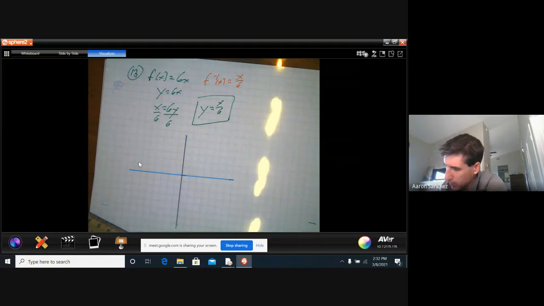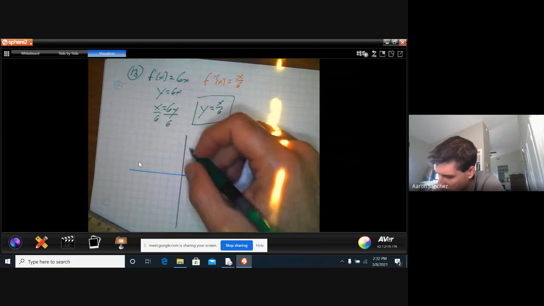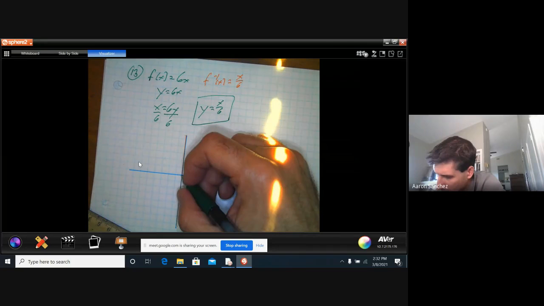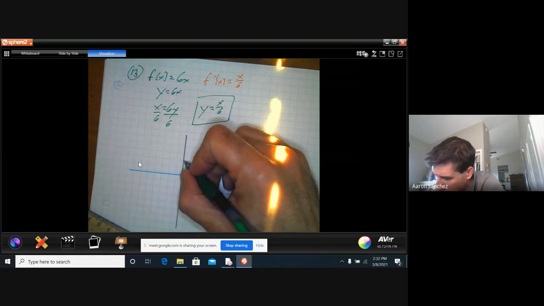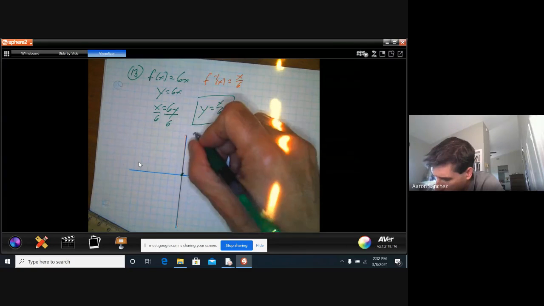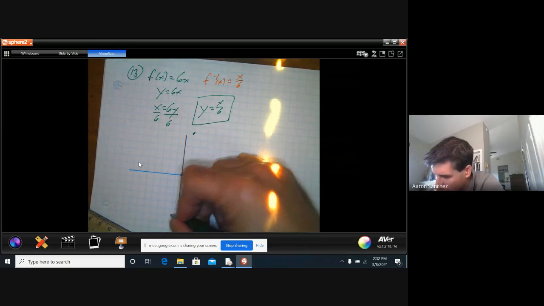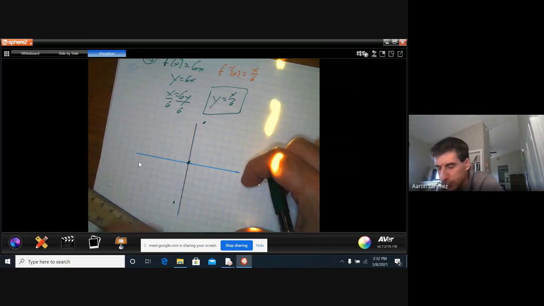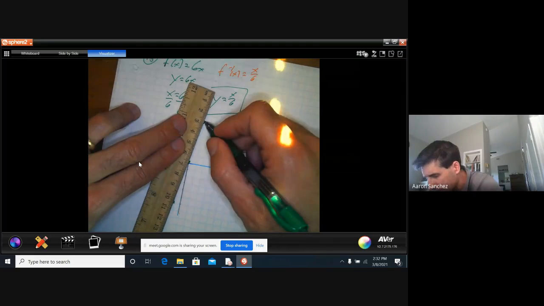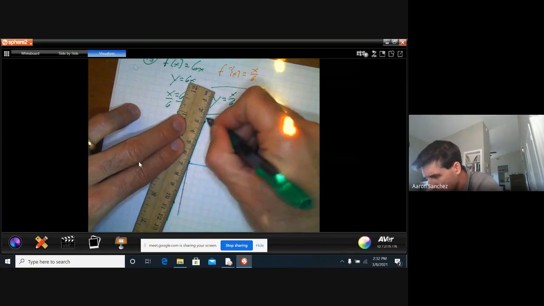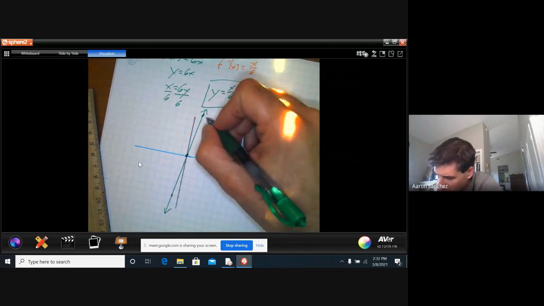Actually, my x is 0, then my slope is 6 over 1, so up 1, 2, 3, 4, 5, 6. Any questions on what I'm doing here? I'm just using slope-intercept form. If you have no idea, let me know and I'll explain. So that's y equals f of x equals 6x.